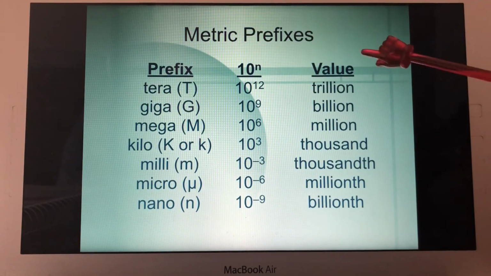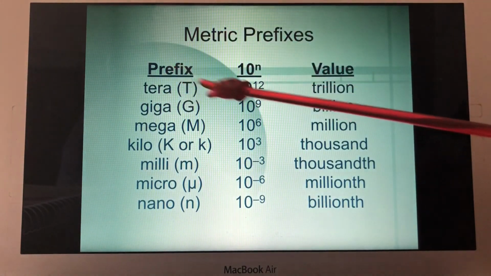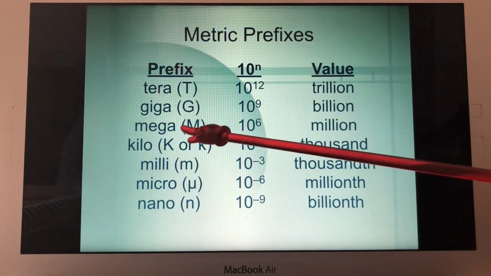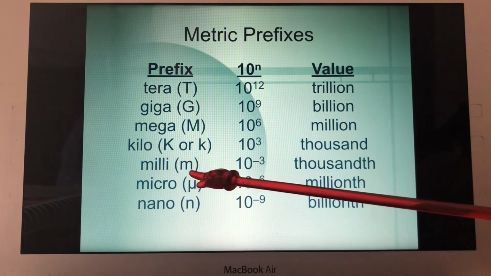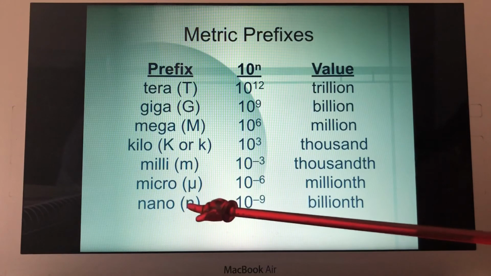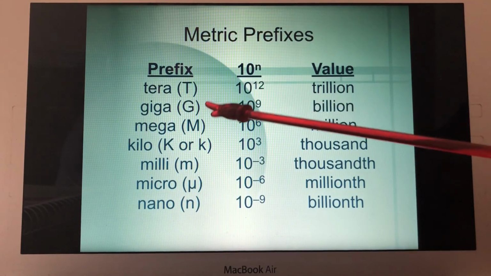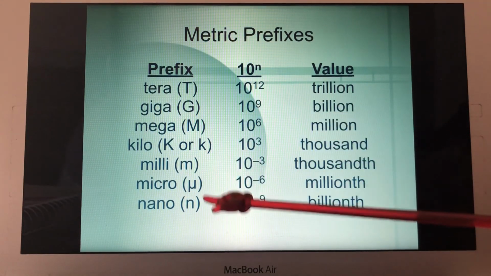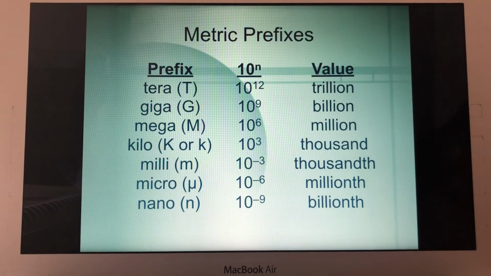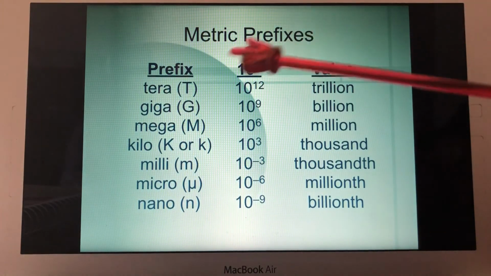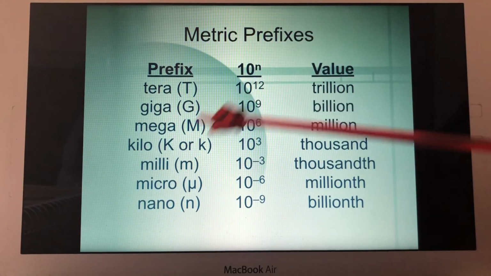Now, here are all of these prefixes: tera, giga, mega, kilo, milli, micro, nano. You're probably familiar with many of these for computer storage. You know, when we buy a new smartphone or the iPad or computer, we talk about how many gigabytes the phone is.